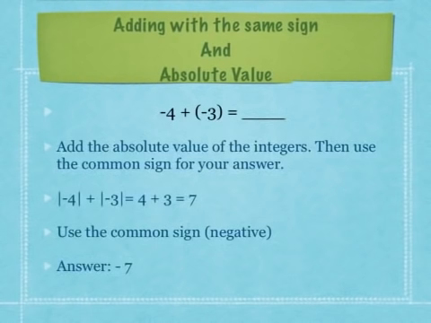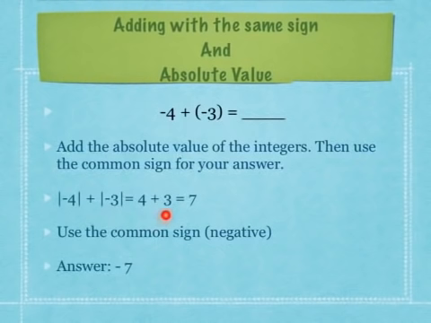The last strategy uses absolute value. So here we have -4 plus -3. To use absolute value, you should add the absolute value of the integers, then use the common sign for your answer. So here we have the absolute value of -4 is 4, and the absolute value of -3 is 3.